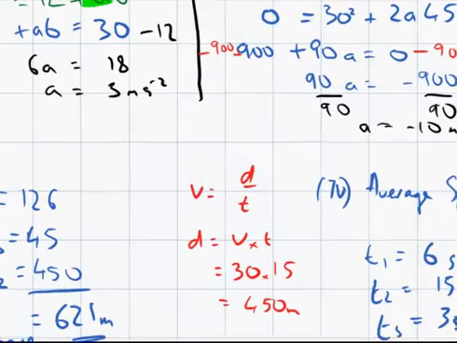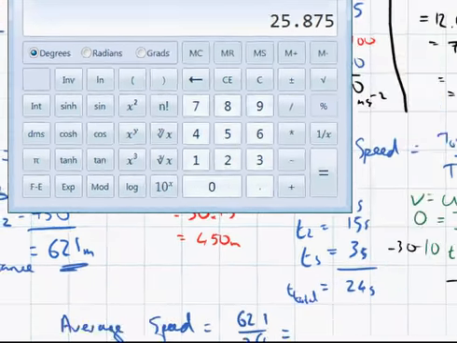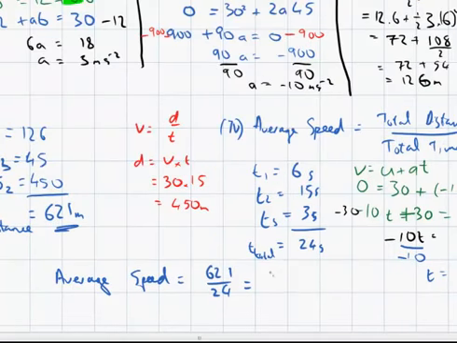A bit too complicated to do in my head, so we'll just use the calculator on that. 621 divided by 24, and we get 25.875. We'll just round it up to 25.9. 25.9 meters per second.